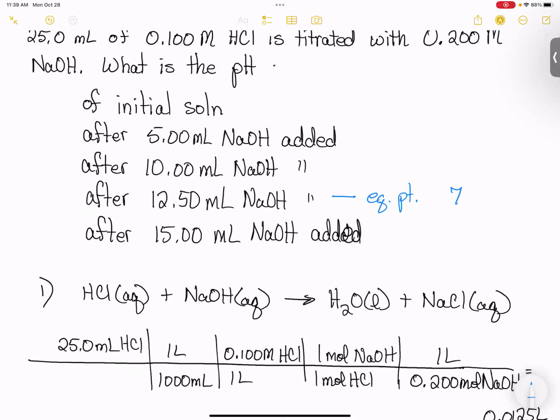Because no matter what, as long as it's a strong acid, strong base, the pH is going to be 7. What I know is that up until that point, I'm going to have an acidic environment. And after that point, it's going to be a basic environment. So that's part of the thinking through this.